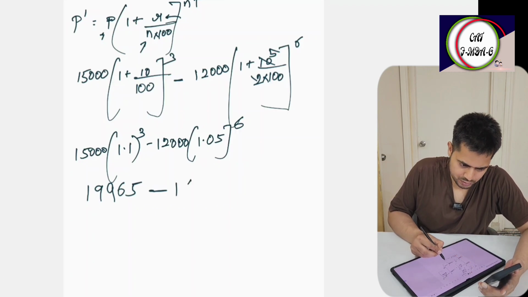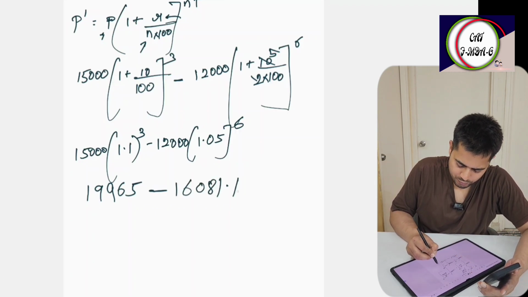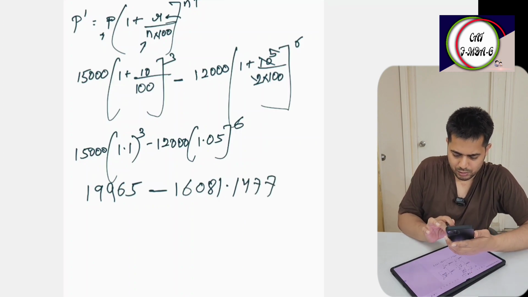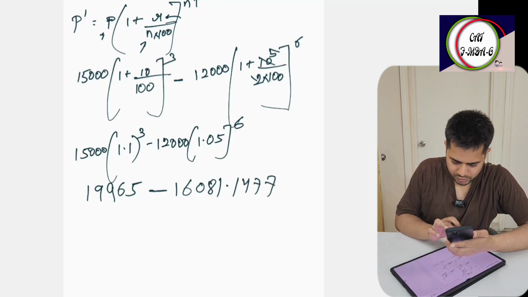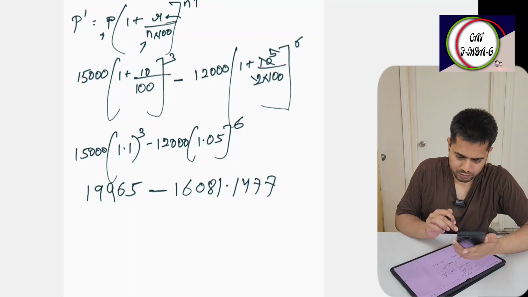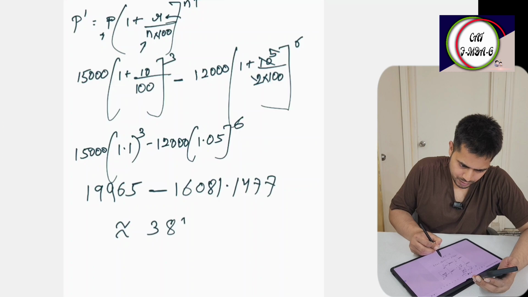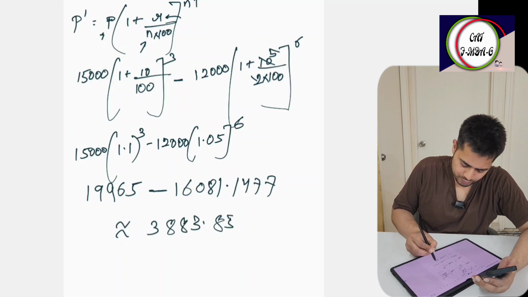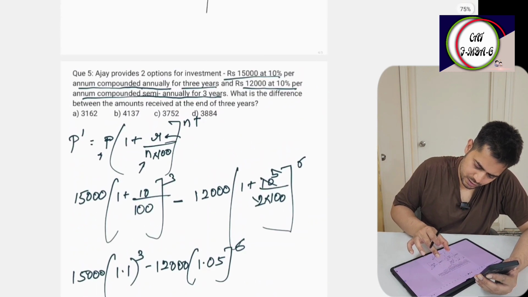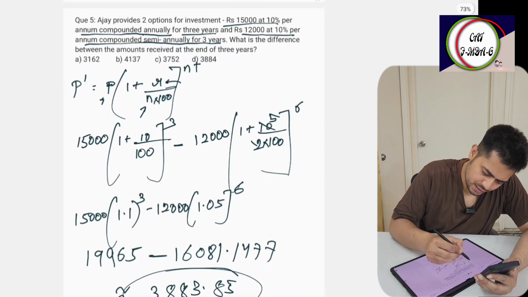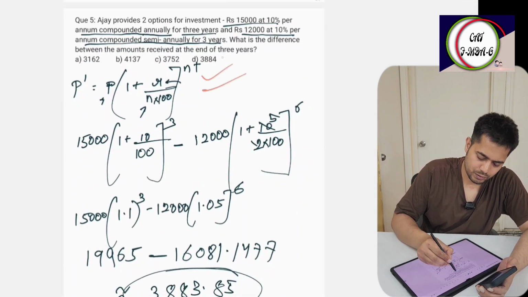It is going to be 16081.1477. Now we have to do the subtraction. 19965 minus that is going to be around 3883.85. Let's see. Yeah, option number D is the right answer, 3884.